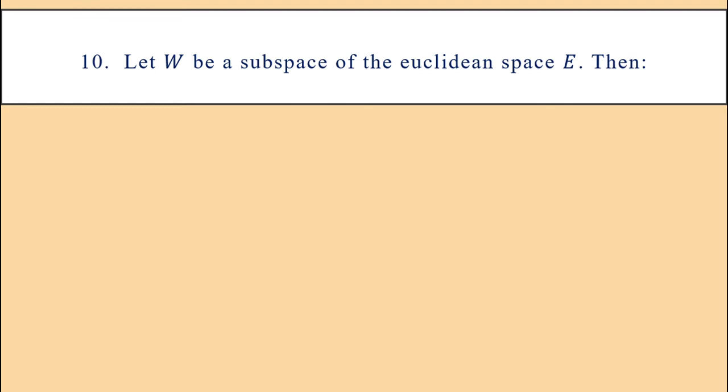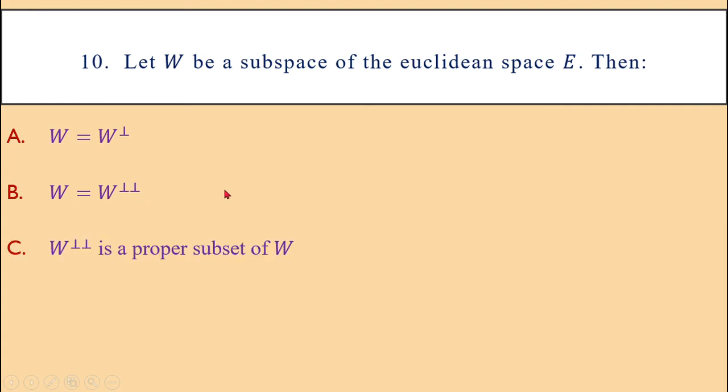Next question is: let W be a subspace of the Euclidean space E, then A, W is equal to W orthogonal; B, W is equal to orthogonal of W orthogonal; C, orthogonal of W orthogonal is a proper subset of W; and D, W intersection orthogonal of W orthogonal is equal to singleton 0.